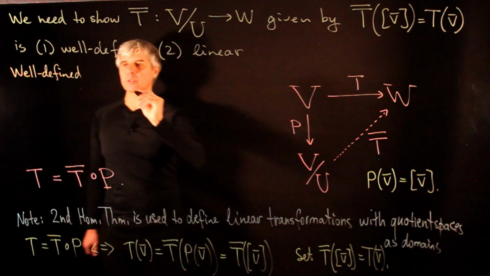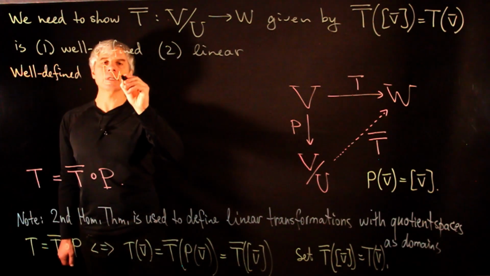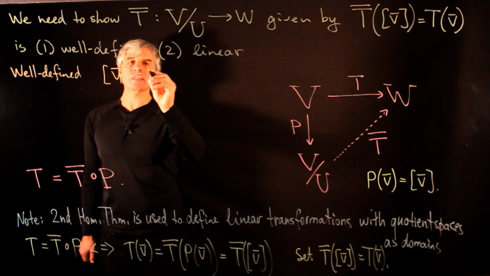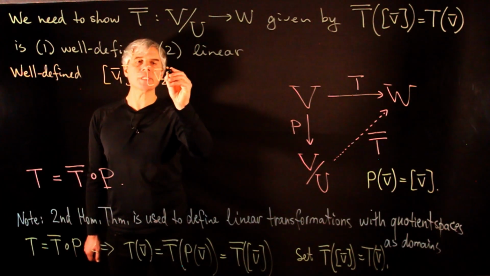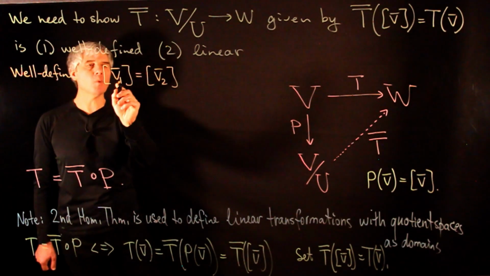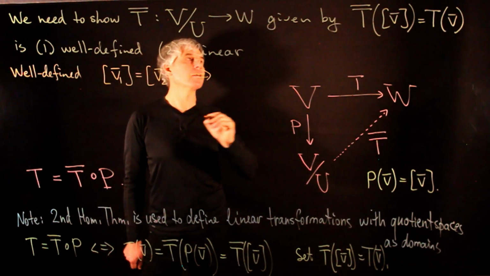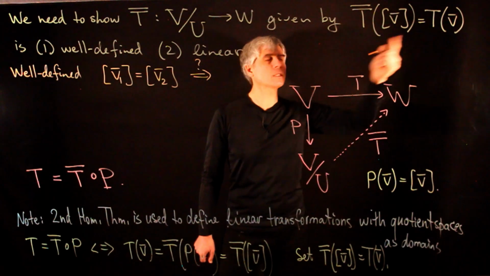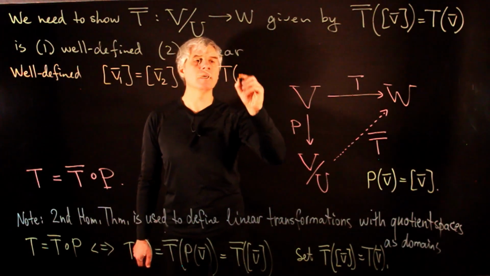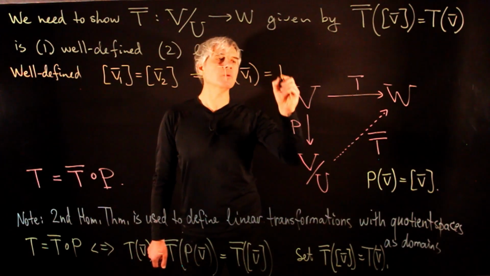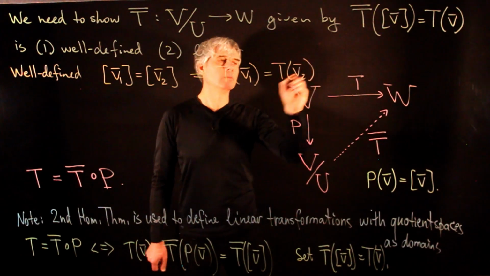representative class. So this means that if we have the same equivalence class given by two different representatives, so if the class of V1 is equal to the class of V2, we need to show that the values of the right-hand side will be the same, so that T of V1 will be equal to T of V2.